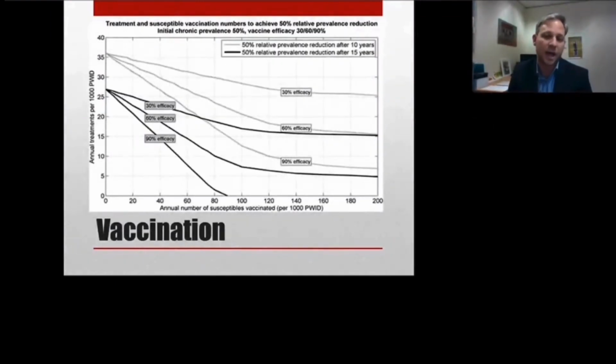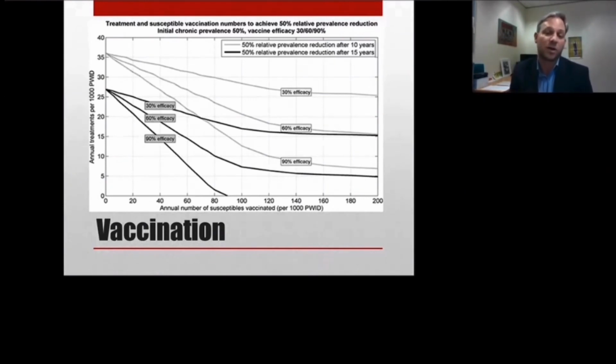This graph shows what a vaccine might do, even with moderate efficacy. You can see there are darker lines and lighter grey lines. The darker lines show what happens with a vaccine of 30, 60 or 90% efficacy after 15 years.